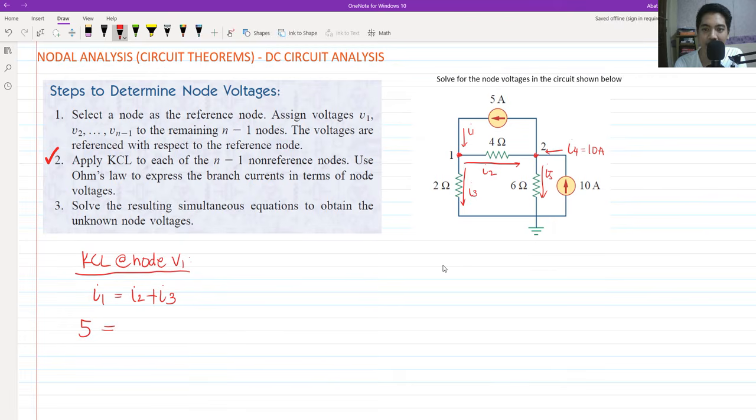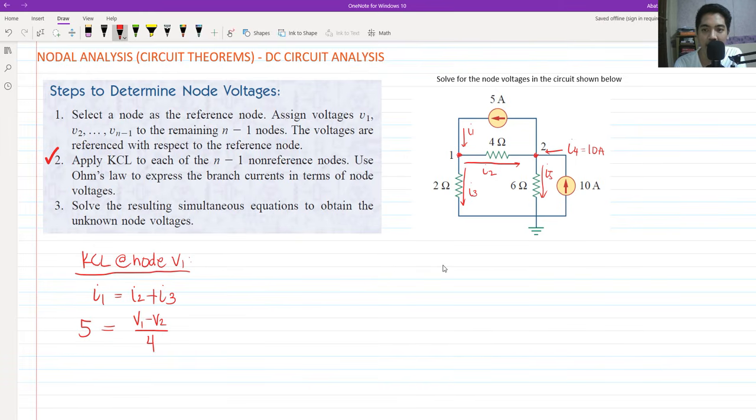So basically, since the current flows from the higher potential, that higher potential is this node voltage 1 and the lower potential is this voltage 2. Therefore, we have V sub 1 minus V sub 2 all over 4. As you can see, V sub 1 is the higher potential, so that's why it's positive.